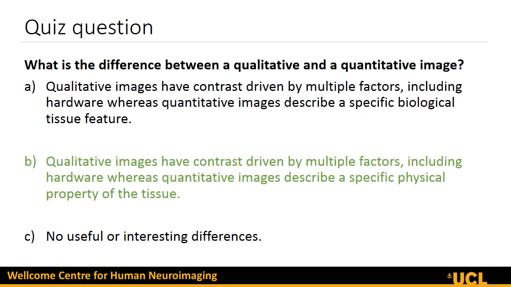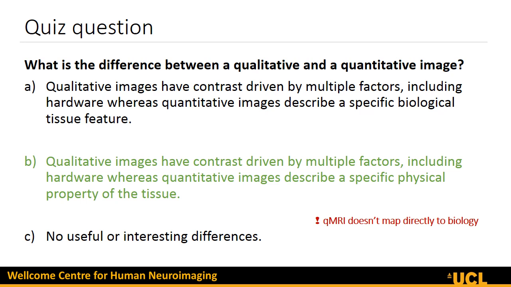So the answer is B, that qualitative images have contrast driven by multiple factors, including the hardware, whereas quantitative images describe a specific physical property of the tissue. The point I wanted to make here is that because at times we can overinterpret our measure, we need to bear in mind that there isn't in fact a one-to-one mapping from a qMRI metric to the biology.